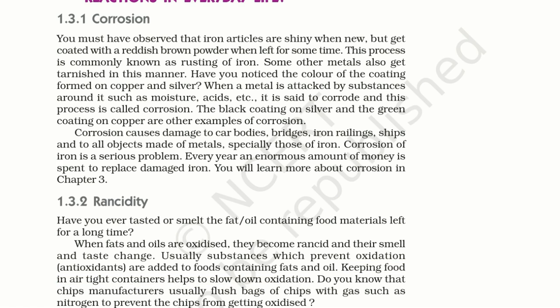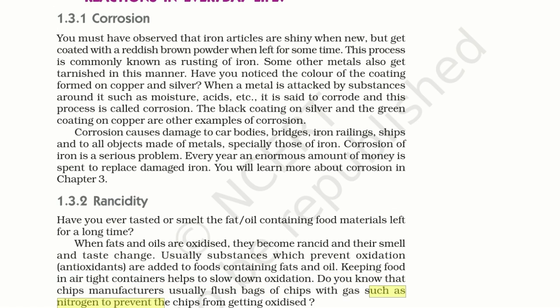Do you know that chip manufacturers usually flush bags of chips with gas, such as nitrogen, to prevent the chips from getting oxidized? So these are the two practical examples of oxidation. When any metal is oxidized with moisture and acid around it, it gets corroded.